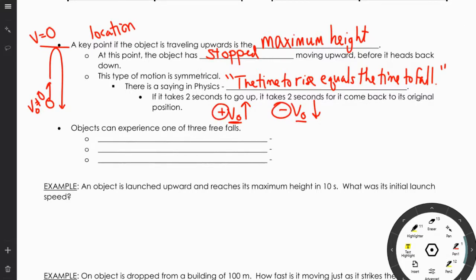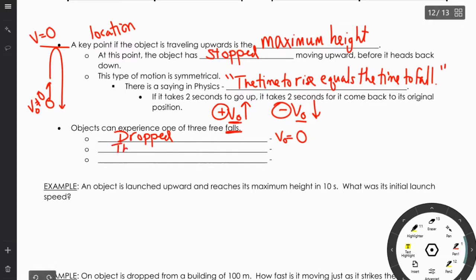Now, objects can experience one of 3 free falls. Don't let the word falls throw you off; that just means there's no influence other than gravity. What are the 3 things you can do? An object can simply be dropped, which tells us the initial velocity is 0, like if I held an object in my hand and just let it go.